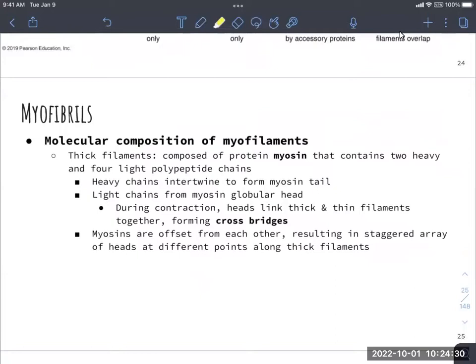So let's look at how these myofilaments are made. The thick filaments or the myosin. Myosin filaments have its name because it is made of a protein called myosin. They have 2 heavy and 4 light polypeptide chains. They intertwine.